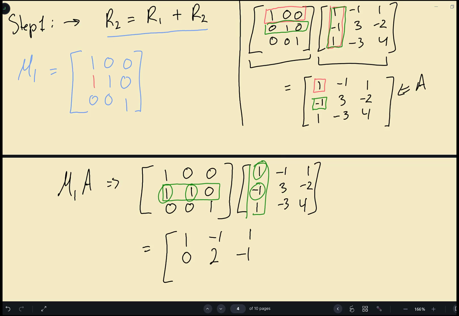And then for the last row, in this case, we're doing 0, 0, 1 multiplied again by this column here, and we're just going to get a 1, a negative 3, and a 4, meaning that we haven't changed the last row, because this elementary matrix is only focused on one row operation, which is R2 equals R1 plus R2.